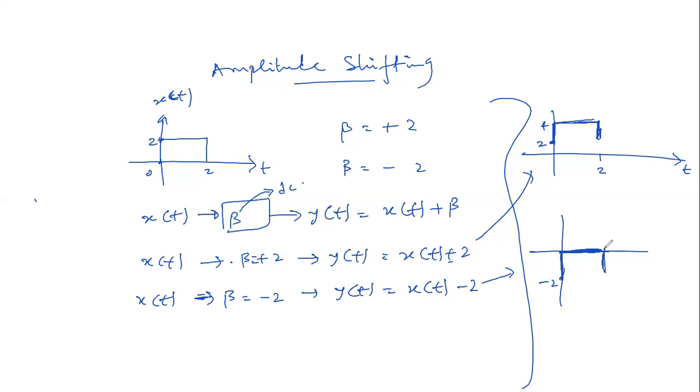So this is going to come this way, where this is 2. See, so you now see that with a DC applied to your signal, you can either move the signal upward or downward. So we call this upward shift, and then this is downward shift.